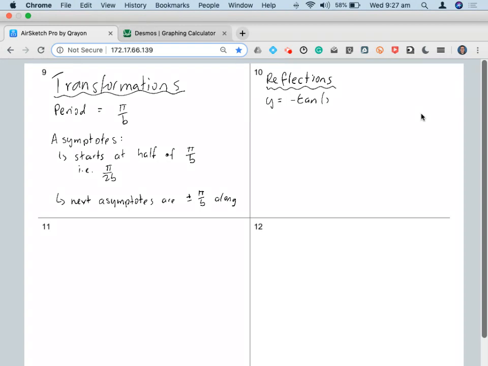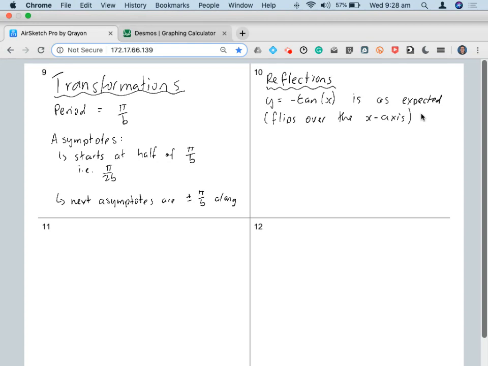So y equals negative tan x is as expected. It flips over the x-axis.